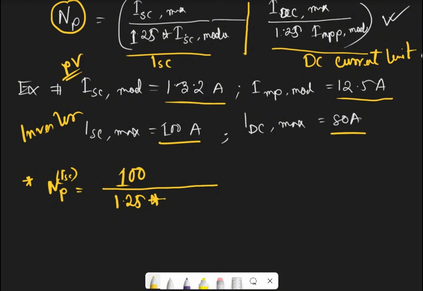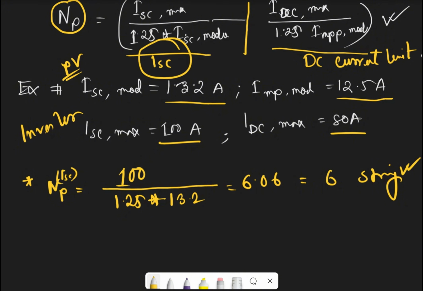So which data do we have to use? Of course, the 13.2. Indeed, we have 6.06, so we have to use 6 strings for the short circuit limit.